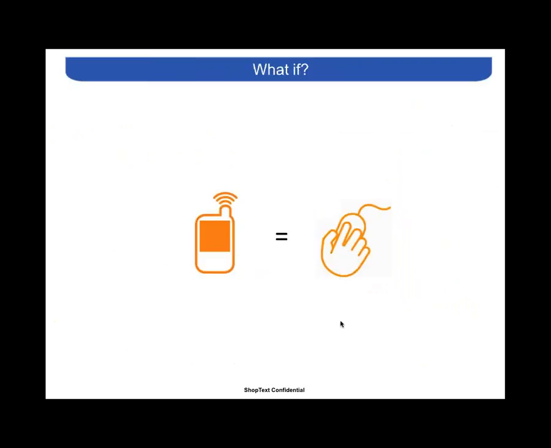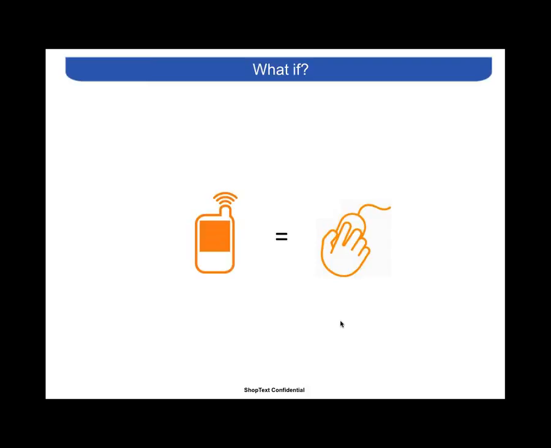Now, how can you change your approach to mobile and move away, for a second, from thinking about it as a screen where you're going to put content and banners and potentially let people access your website? What if you looked at the mobile phone as if it's a point-and-click device, as if it's a handheld mouse?